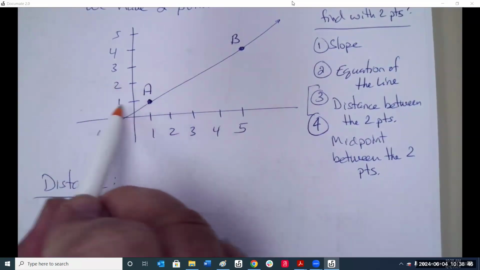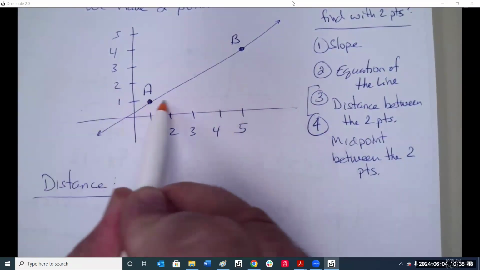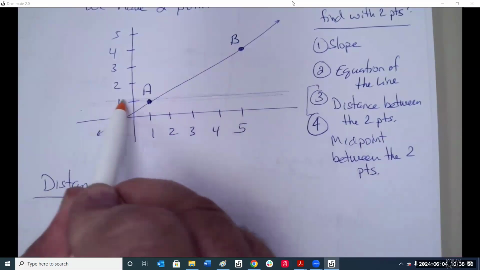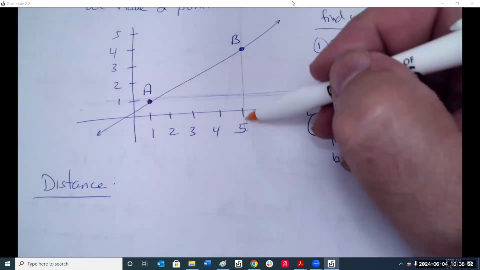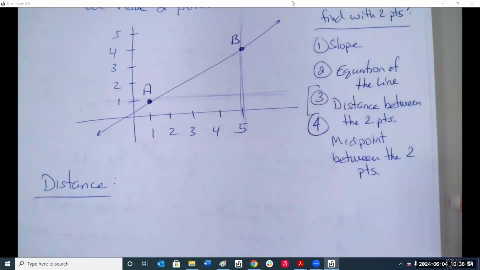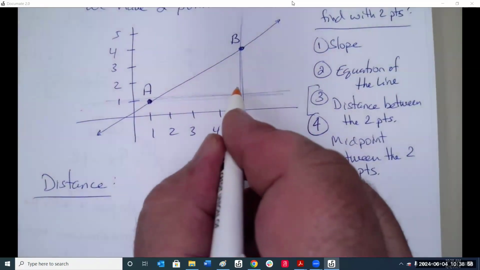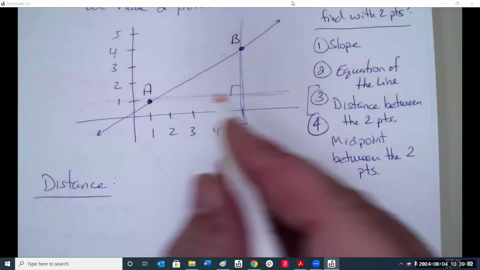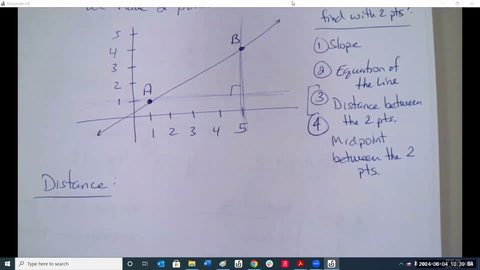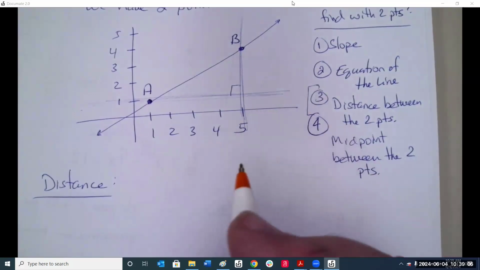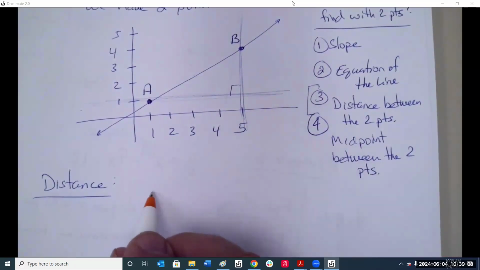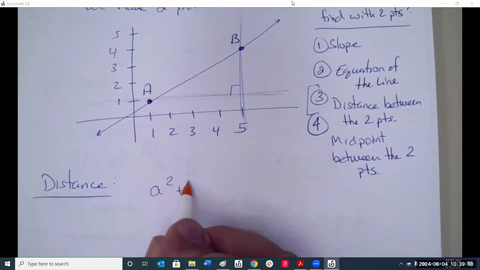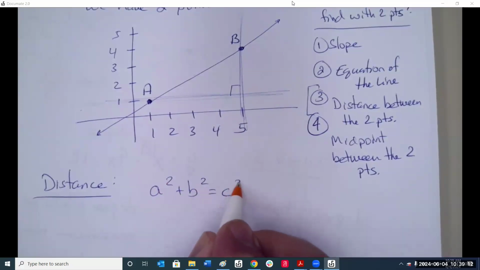So looking at this, we have a horizontal part between those 2 points, and we have a vertical one. This creates a right angle. Do we know any formula now that deals with triangles? Yep, the Pythagorean theorem: A squared plus B squared equals C squared.